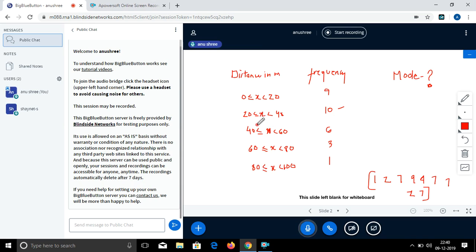Here we don't say mode, we say modal class, because it is all divided into classes. So our modal class is from 20 to 40, because this is the group with the highest frequency. And modal class is the group with the highest frequency.